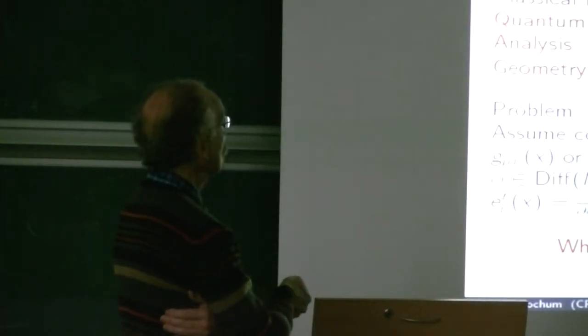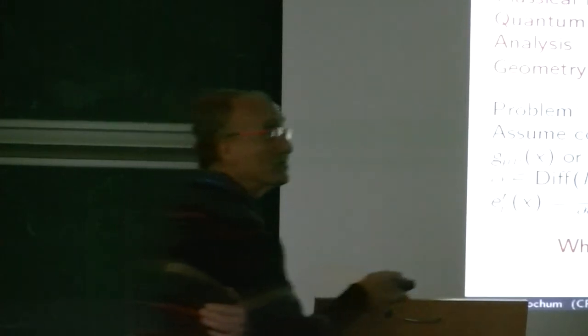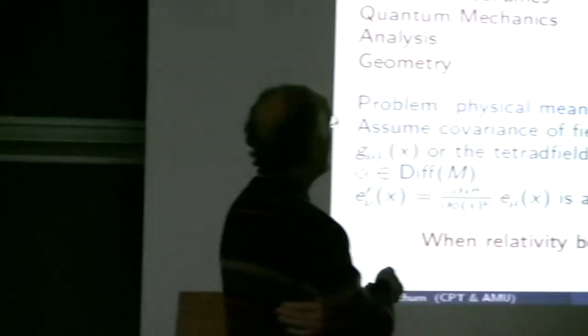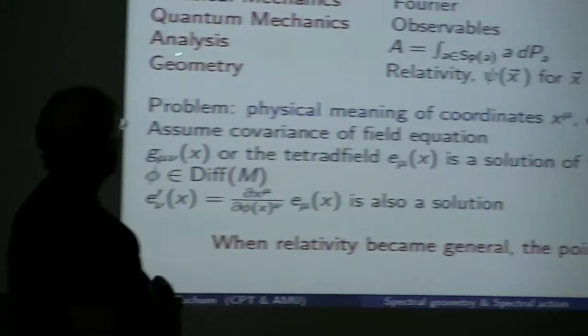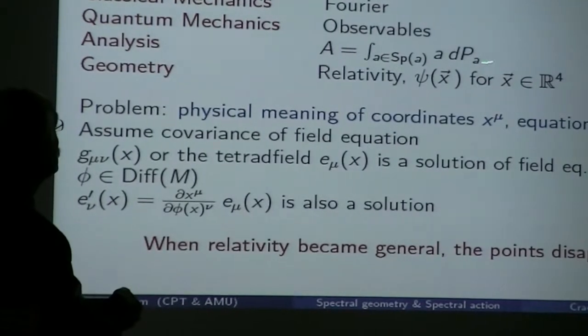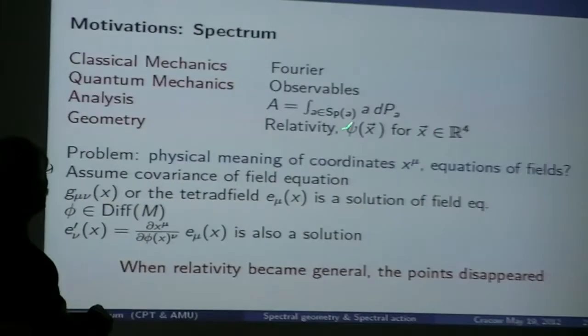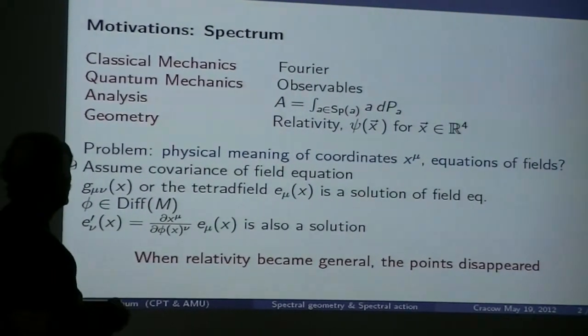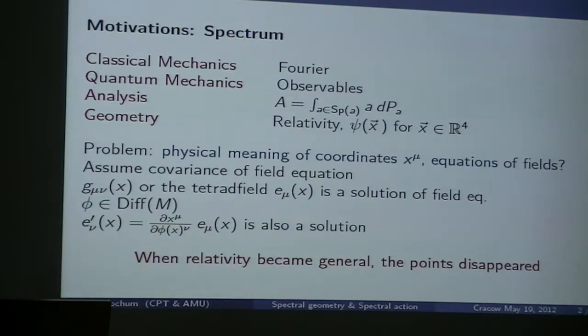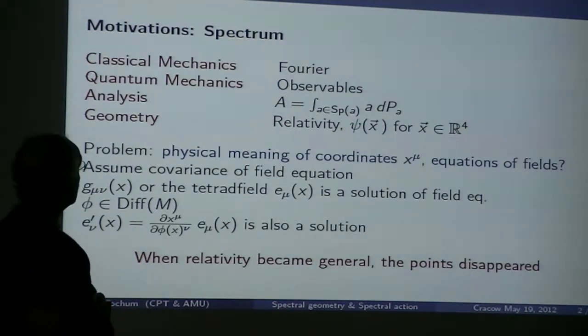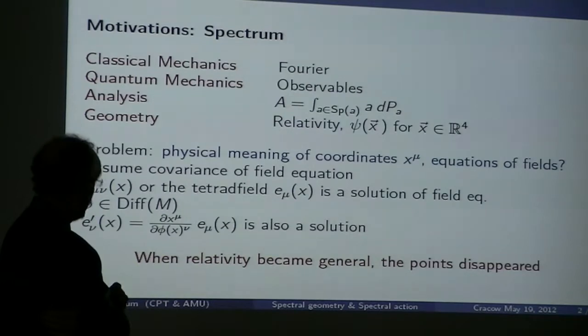In quantum mechanics also we are used to work with self-adjoint operators. Okay, so this means that in analysis we know that this spectral decomposition, so the spectrum of a self-adjoint element, is quite important.